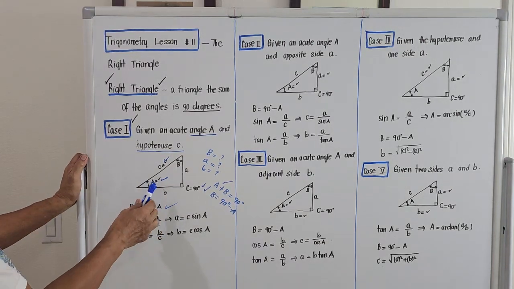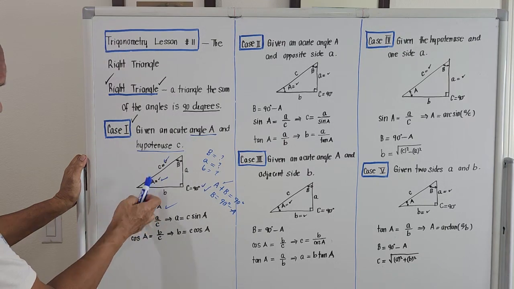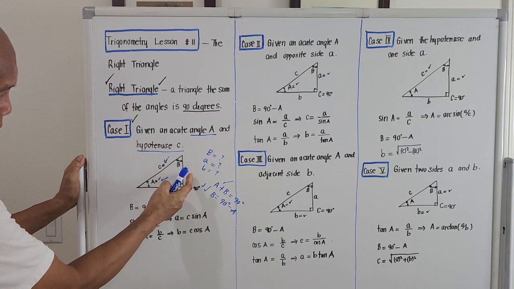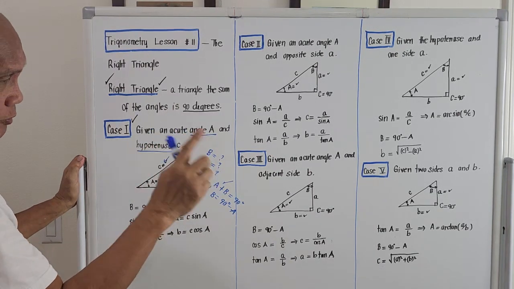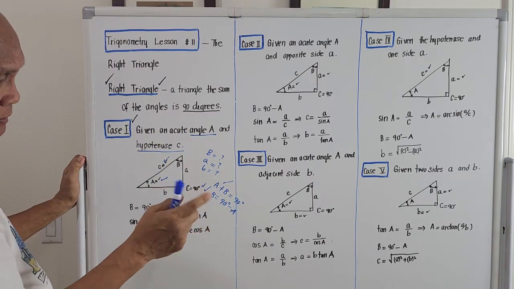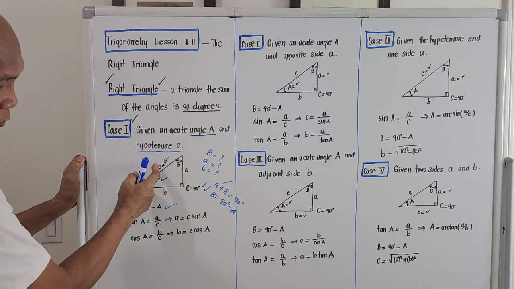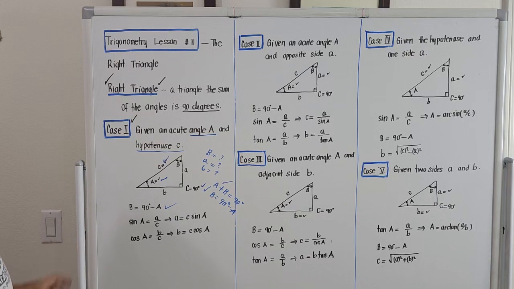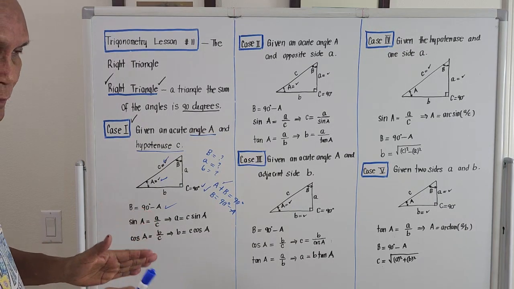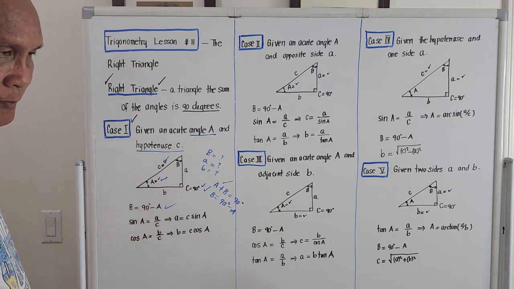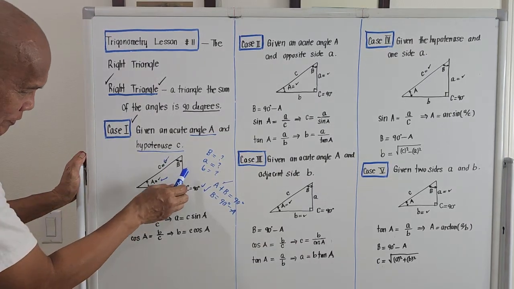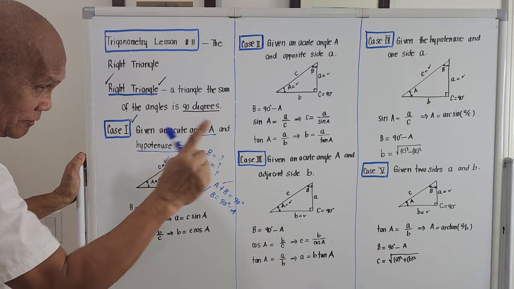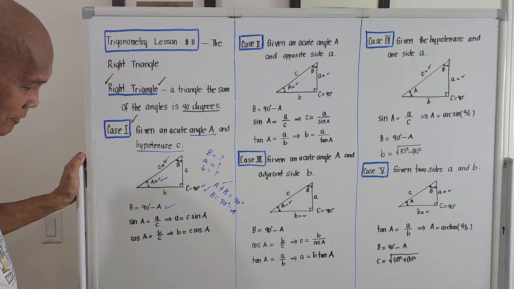We are given angle A, right? We are given the hypotenuse. So if we try to solve for A, think of the relation of side A with respect to hypotenuse C considering angle A. That is one of the definitions of the trigonometric function. The relation of side A and hypotenuse C considering angle A is the sine function, right?